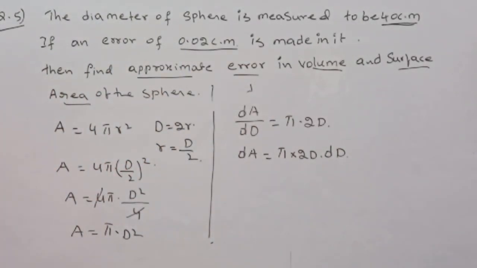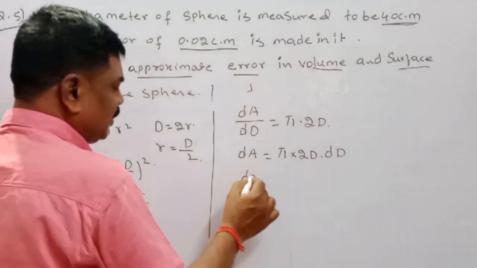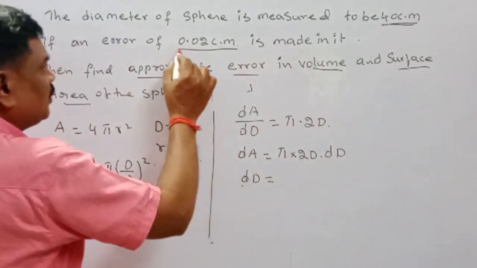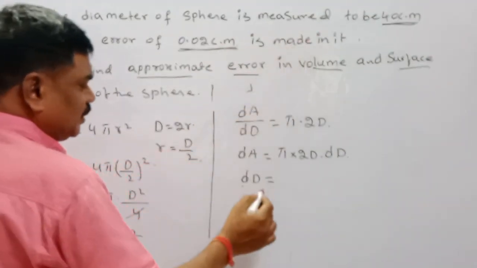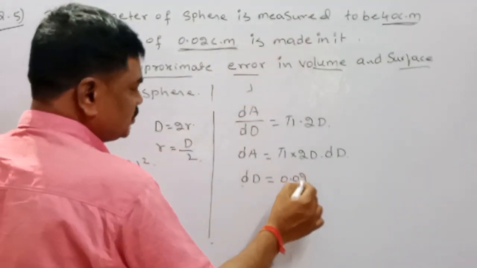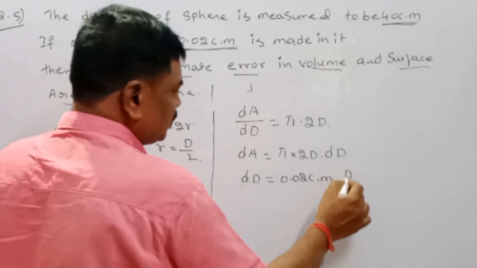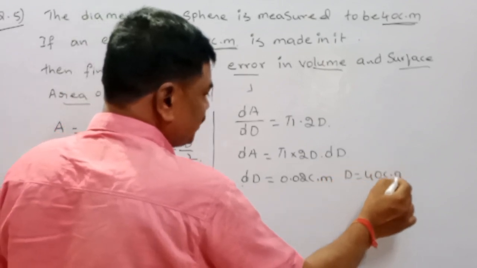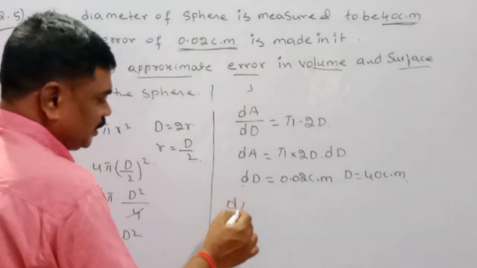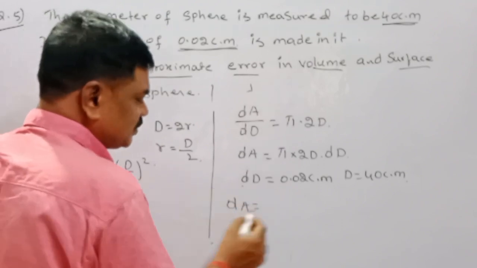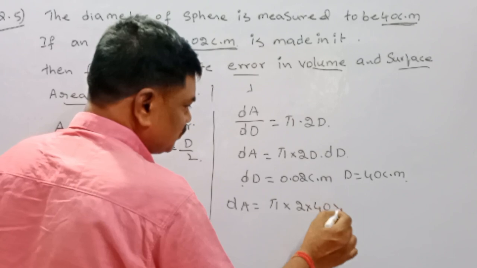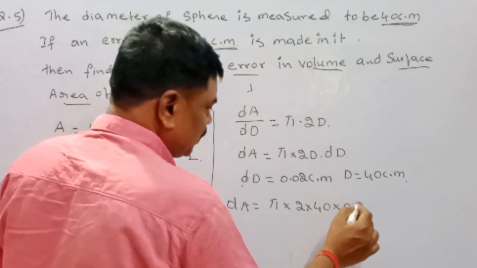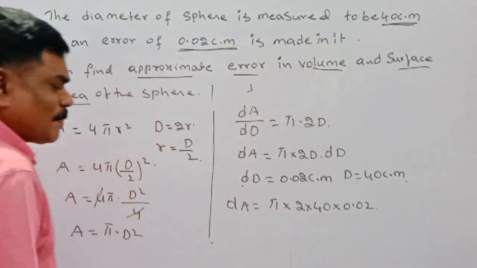Here the error in diameter is 0.02 centimeter, D is equal to 40 centimeter. Then dA, the error in surface area, is equal to pi into 2 into 40 into 0.02.